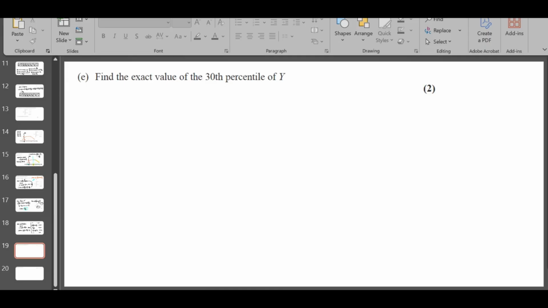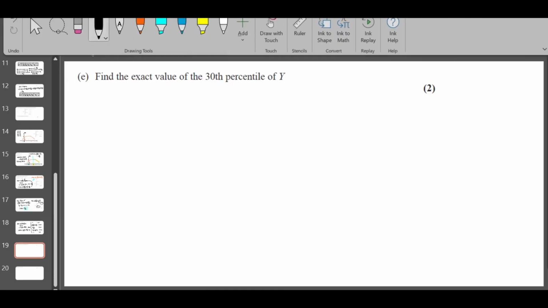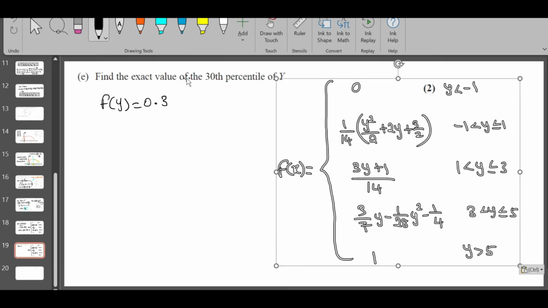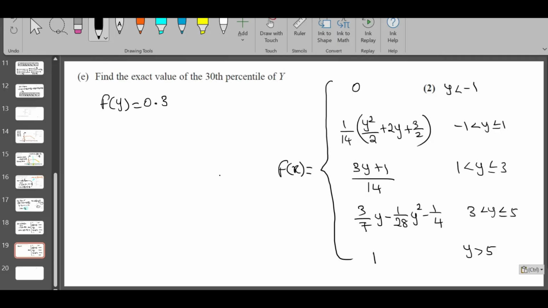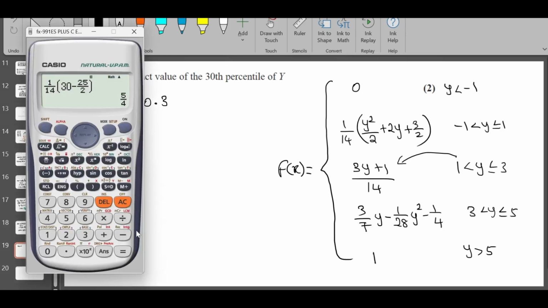Part E now. Find the 30th percentile of y. That means f of y should be equal to 0.3. I'm going to copy the function here. We need to check in which interval the function takes 0.3. Let's sub in 1 here. So it's going to be 3 plus 1, 4 over 14.